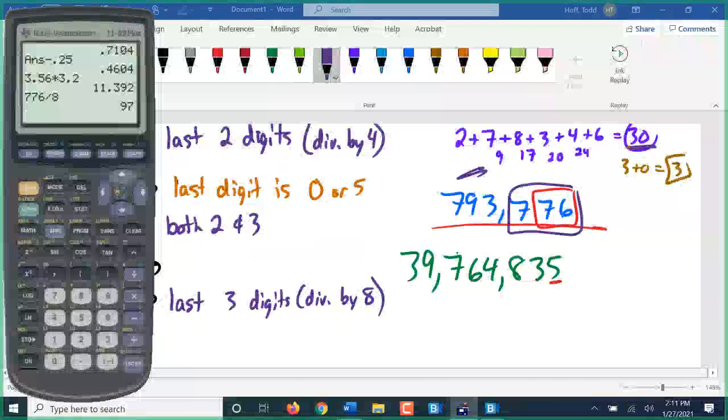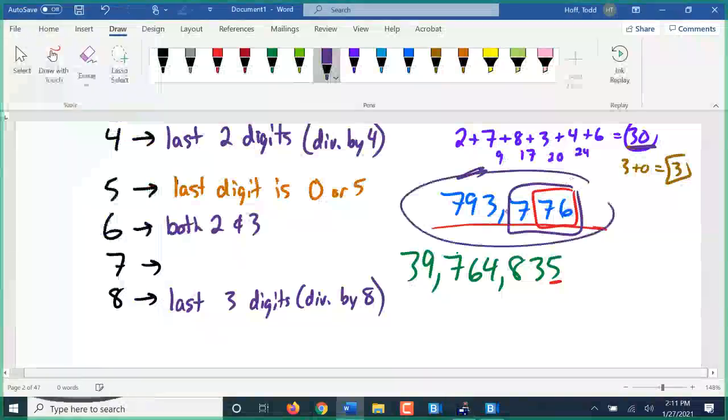It is, never mind. So 776 is divisible by 8. I was off. So this number is divisible by 8 because the last 3 digits create a number that's divisible by 8.